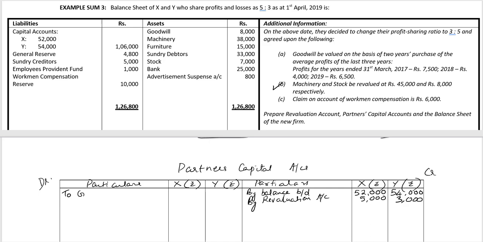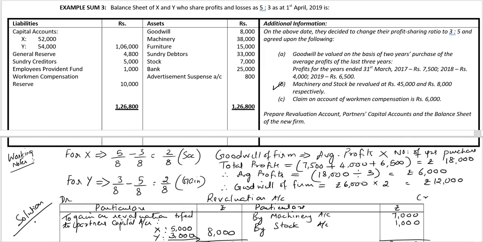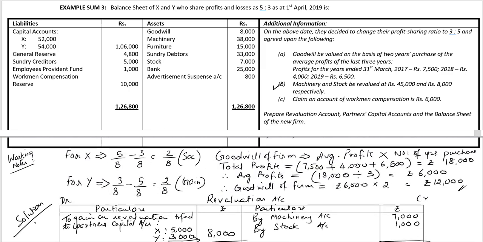So let's do that. To goodwill account, we need to write it off in 5:3. So it comes up to rupees 5,000 for X and 3,000 for Y. Now the new goodwill, we saw that it was valued as 12,000 and the gain and sacrifice is 2/8 for X and 2/8 for Y gain.